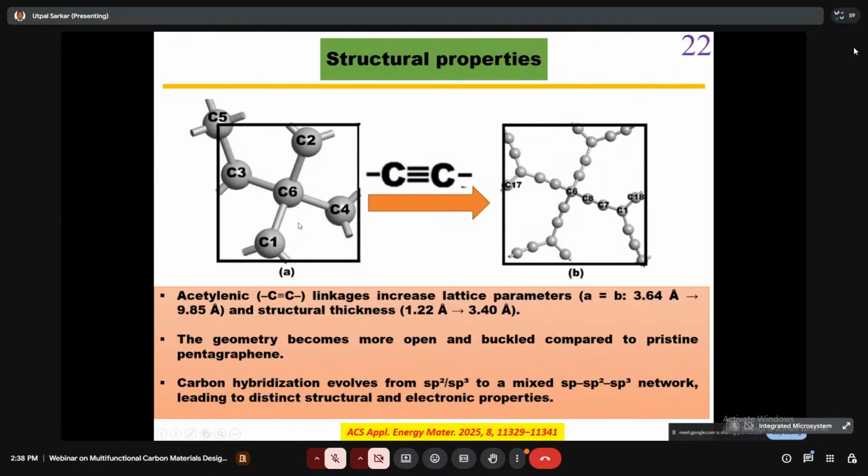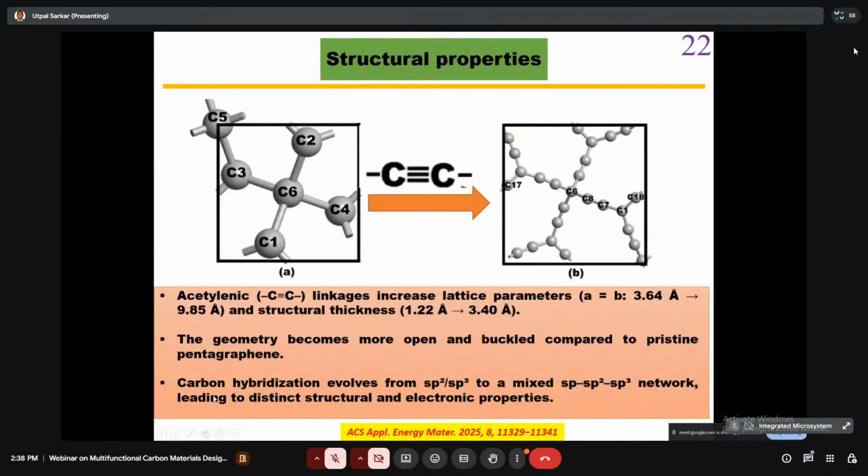And for structural thickness, this system is a buckled system. Its thickness is 1.22 Angstrom, whereas if you insert the acetyl linkage between this carbon-carbon, then its thickness becomes 3.4 Angstrom. The geometry becomes more open here. You see the porosity is increasing and it is more buckled compared to pristine pentagraphine.